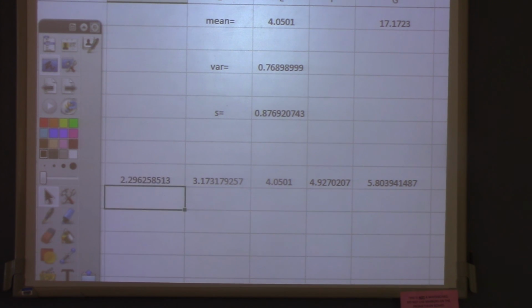So what's normal with this information? What's normal? 2.3 to what? 5.8 or 6, yeah.